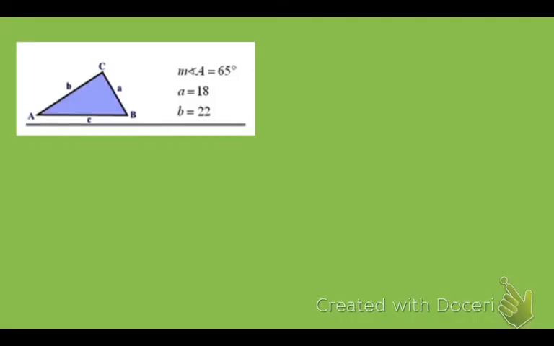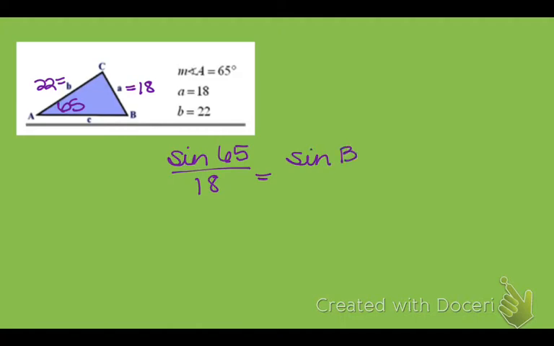And in our final example, the measure of angle A is 65, so again, we're still an acute angle. A is 18, B is 22, so sine of 65 over 18 is equal to the sine of B over 22.